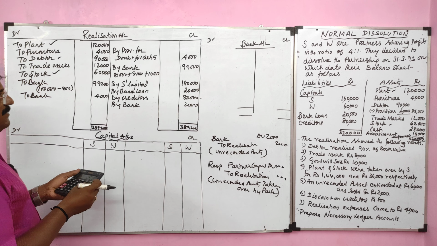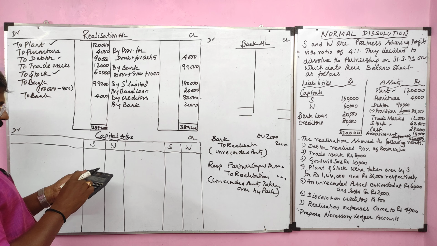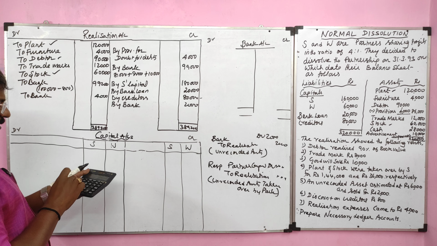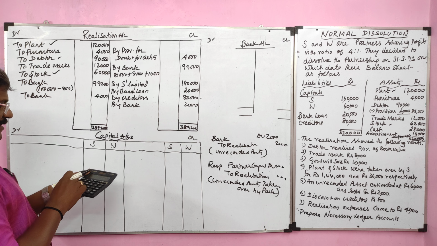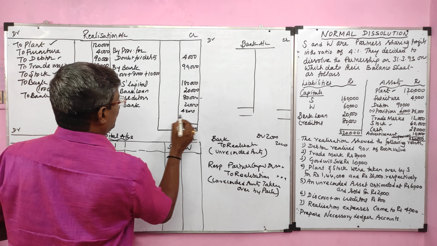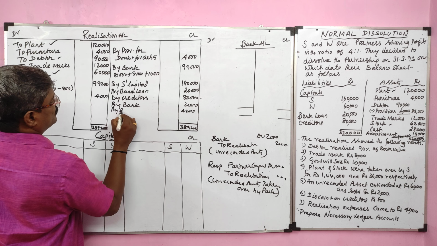Deduct all credit side values: minus 4,000, minus 99,000, minus 1,80,000, minus 20,000, minus 80,000, minus 2,000. So the realization loss is 4,200.